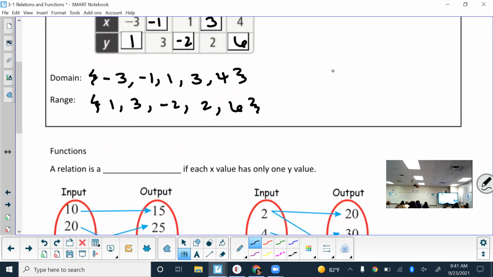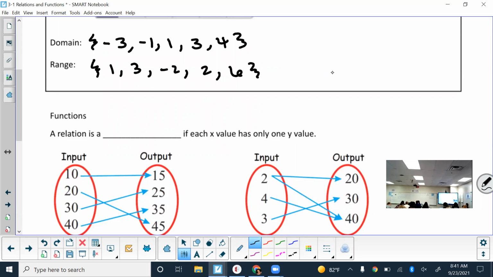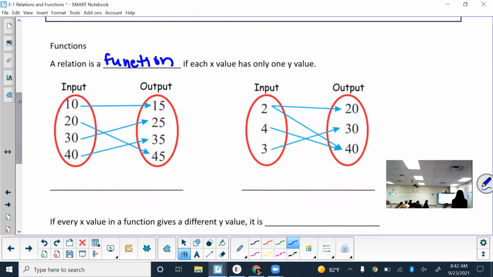All right, so now those are relations. That's domain and range. Now let's talk about functions. A relation is a function if each x value has only one y value. Read that very carefully. It's not saying that each y value has only one x value. So I can have y values that repeat, but I cannot have an x value that points to different y values.